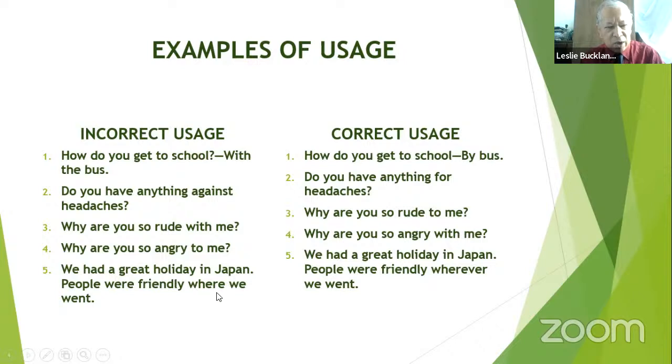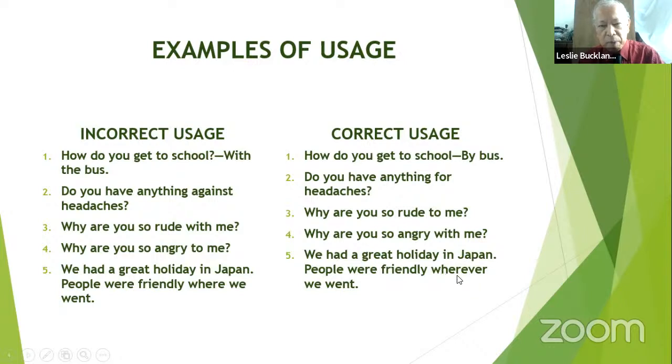However, this is not so clear. It's not so specific, even though we know that this is an adverb showing location. We ordinarily use this in a different way. We usually say wherever. But when you use the word ever, you are not limiting your location to one particular town, but you are using it to refer to an indefinite number of places that you had gone to while you were in Japan.